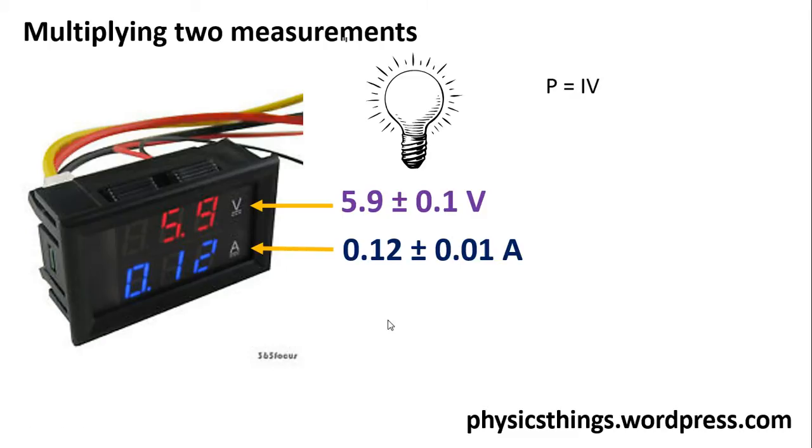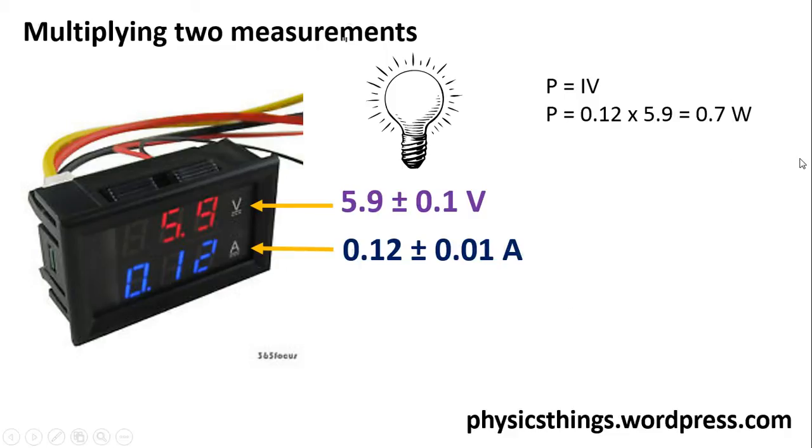Now, power is current times potential difference, or voltage. And so if we multiply those two together, we can get a value for our power of 0.7 watts. But we now need to know what the uncertainty in that is.